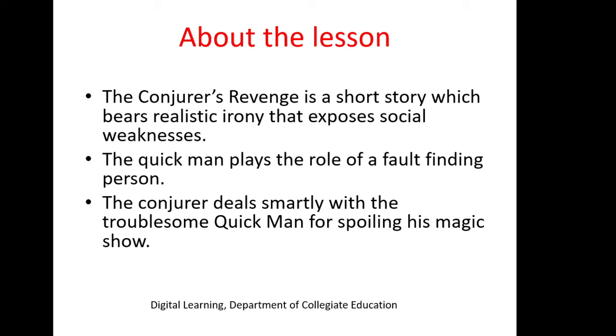Now, about the lesson, The Conjurer's Revenge by Stephen Butler Leacock is a short story which bears realistic irony that exposes social weaknesses. The quick man in the story plays the role of a fault-finding person who is keen to see that the conjurer's reputation goes down and he is exposed in front of the audience.